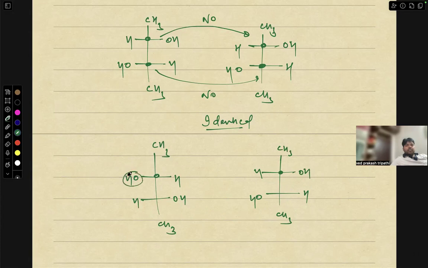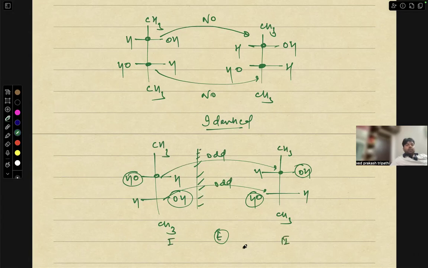You can see this is on the left, this one is on the right. So there is one exchange, one is odd. This is right, this one is left. This is again one exchange, odd. So odd and odd means enantiomer. And also you can see this is just a mirror image, non-superimposable. If you keep a mirror here, it's just a mirror image of this. So 1 and 2 are non-superimposable mirror images. So these are enantiomers of each other, okay?